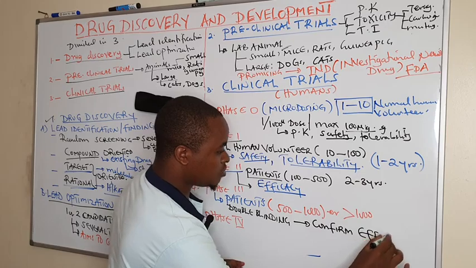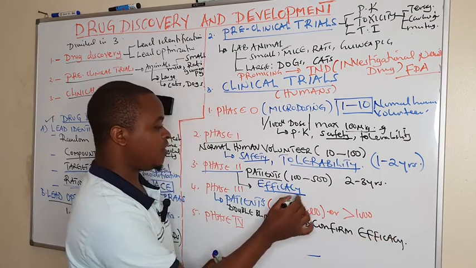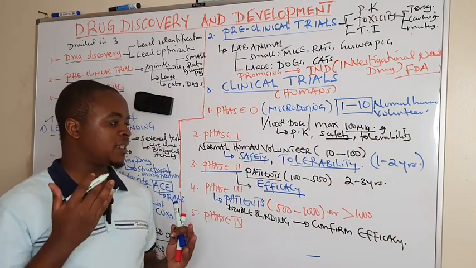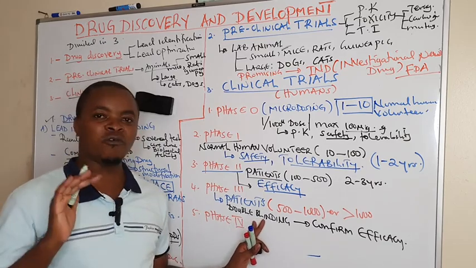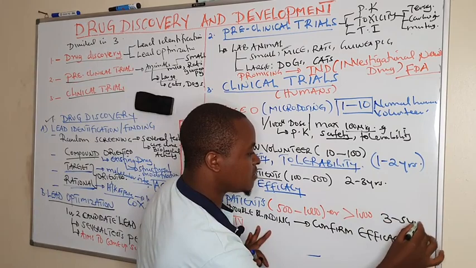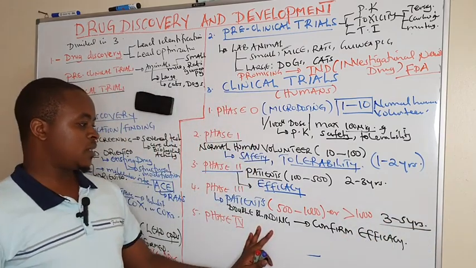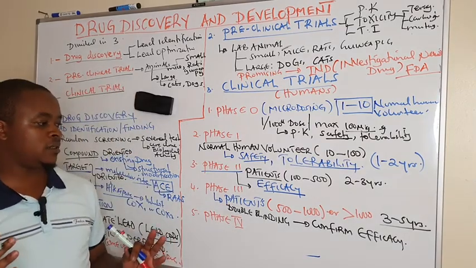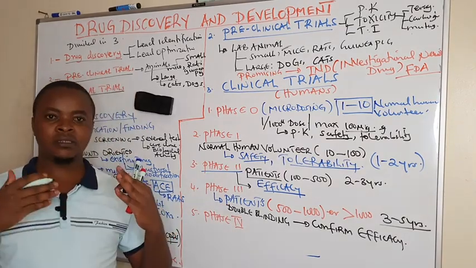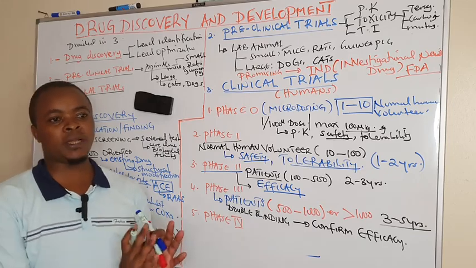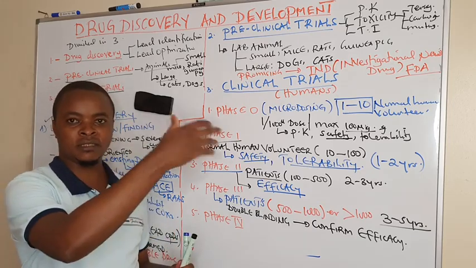In phase 2, we are developing the efficacy, looking at how efficacious the candidate drug is. Then here we are confirming, and this takes between 3 to 5 years to complete. It is a multi-site study, done on different sites and ethnic groups, where you don't go to just one place.